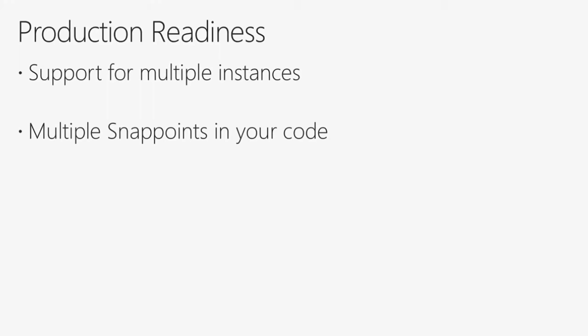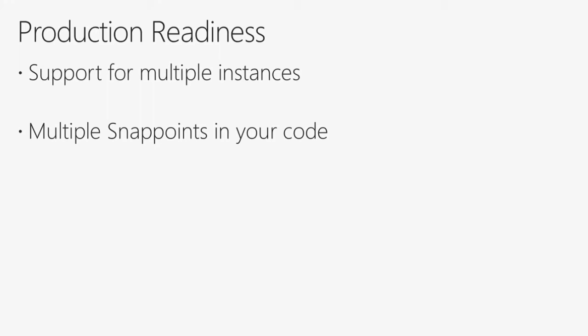Another thing you can do in your application itself: while you set snap points in your code, you aren't allowed to actually step from those snap points, but the way you can get around that is to set multiple snap points throughout your code and turn them all on at once.